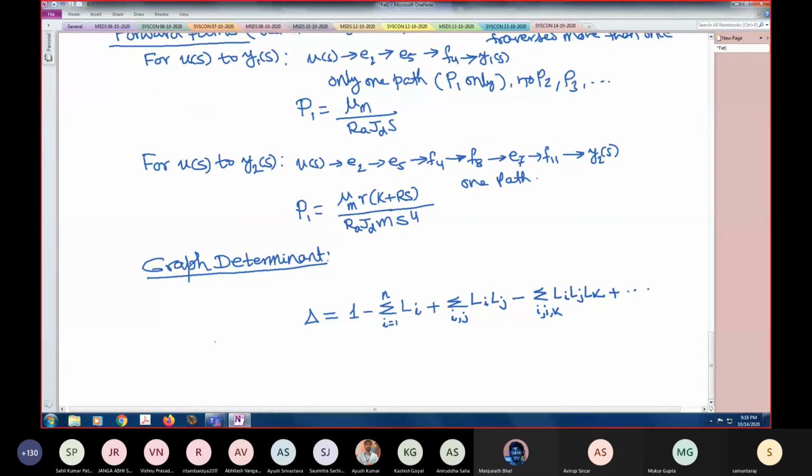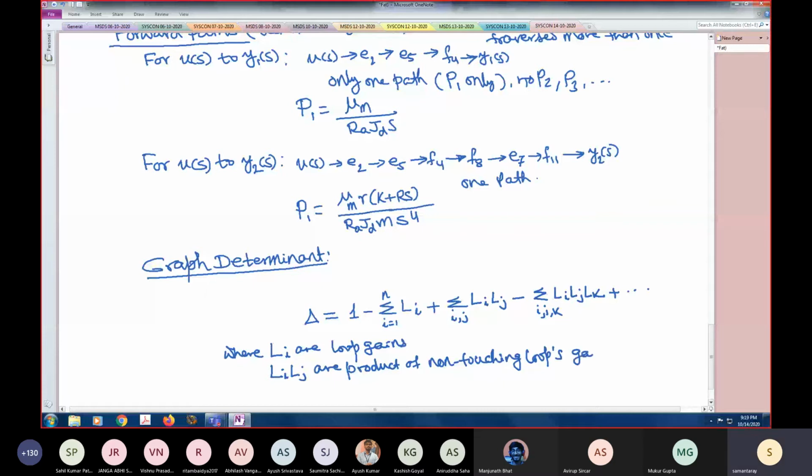Where Li are loop gains, Li Lj are products of non-touching loop gains, and Li Lj Lk again are products of non-touching loop gains and so on.